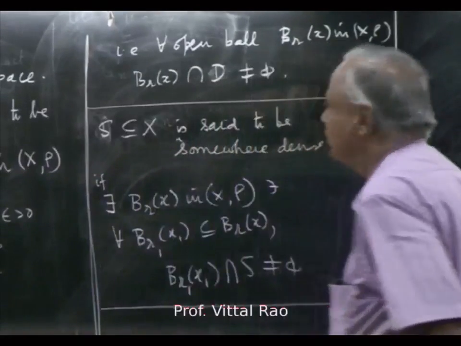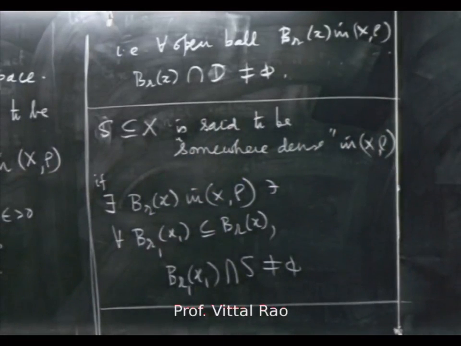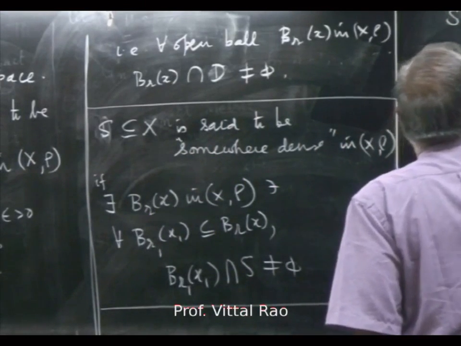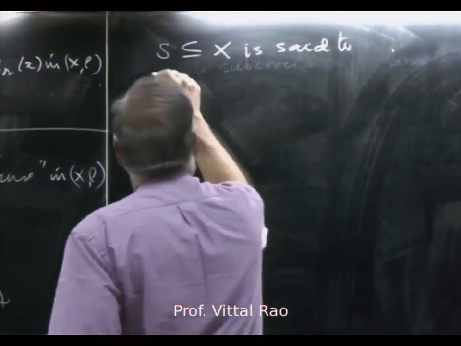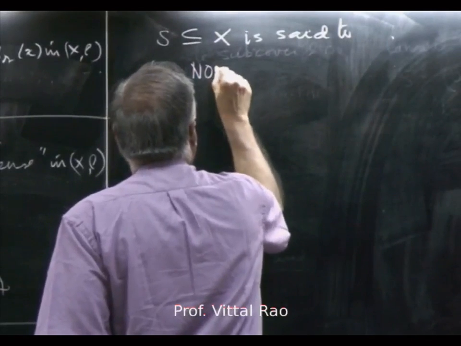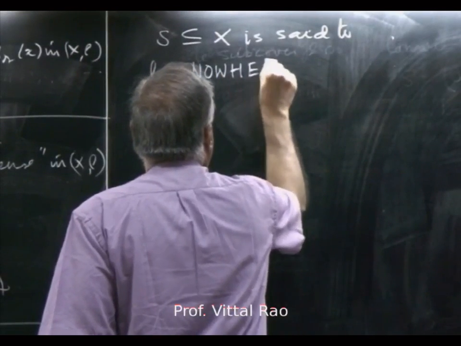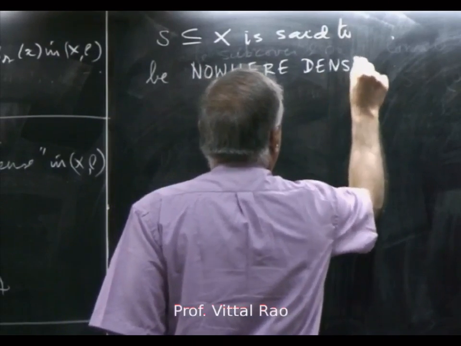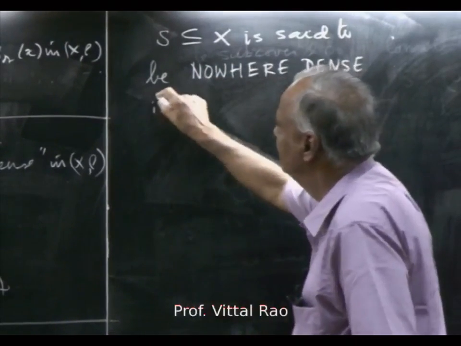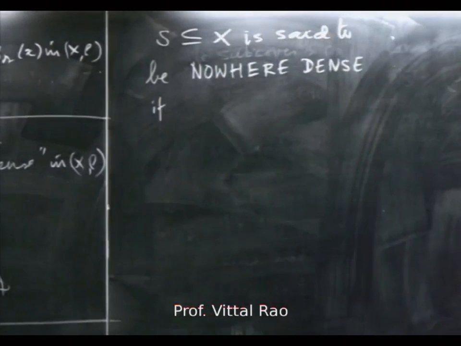Now we are going to introduce the important notion which is called nowhere dense. What does it mean? Whichever way you go, there is some part where there is no traffic.